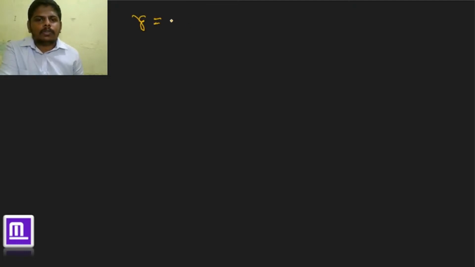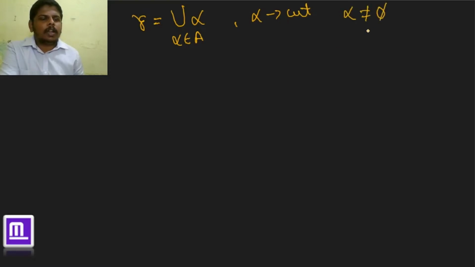Gamma is equal to the union of all the alphas belonging to A. And what are these alphas? These are the cuts, right? So these must be non-empty sets. The union of non-empty sets is a non-empty set. So clearly gamma is a non-empty set, that is not equal to the null set.